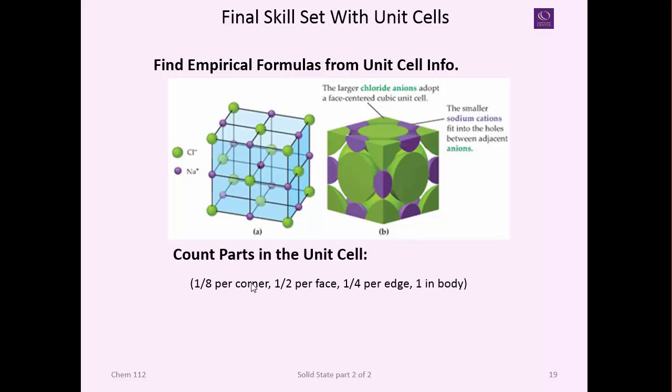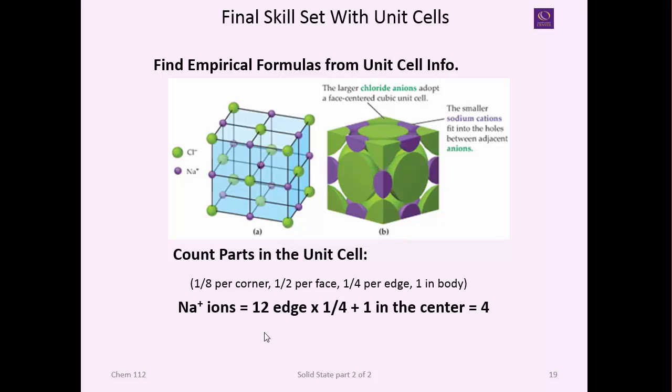So remember this information: there's 1/8 of an atom per corner, 1/2 of an atom per face, 1/4 of an atom per edge, and 1 atom if there's 1 atom in the center body, which in this case for sodium chloride, if you look, there's a sodium atom trapped in the center of the unit cell. And that's not as obvious by looking.